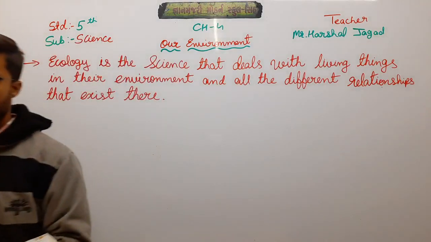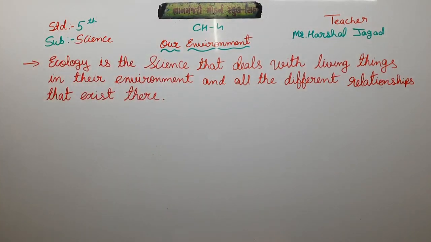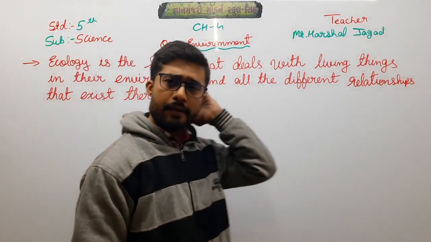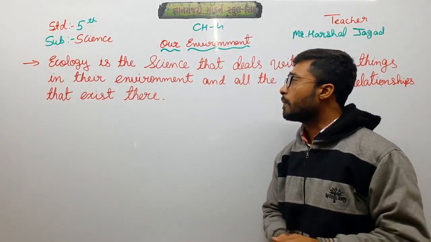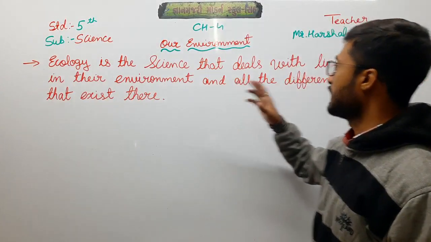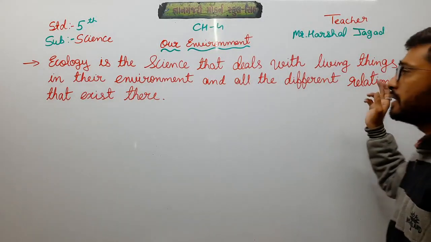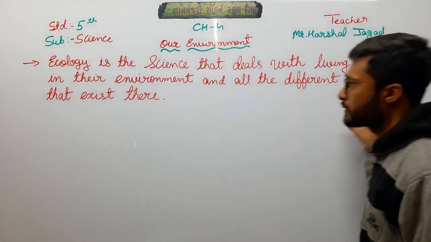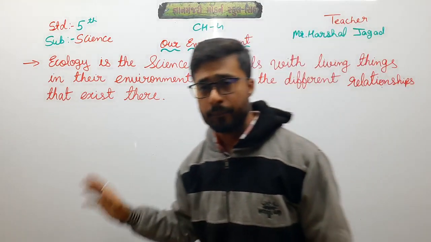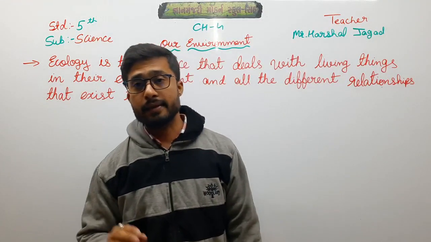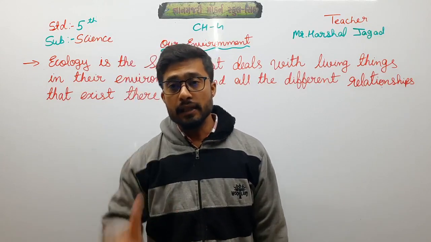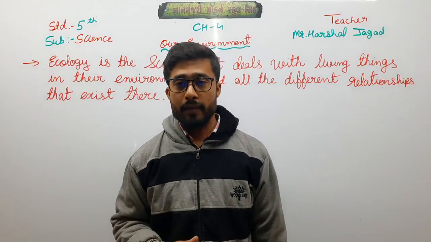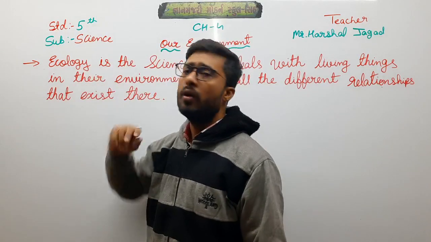Let us learn about it. So ecology, first of all, what is the ecology? Let us learn this, students. So here ecology is the science that deals with living things in their environment and all the different relationships that exist there. So the living components, ecology is what? It deals with all the living components of an environment, that is known as the ecology.